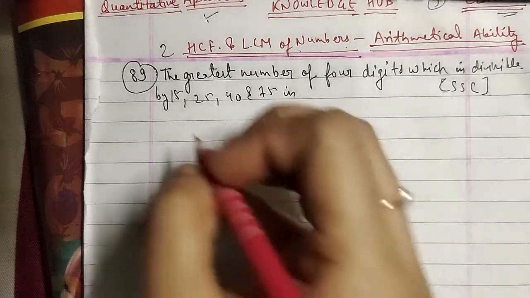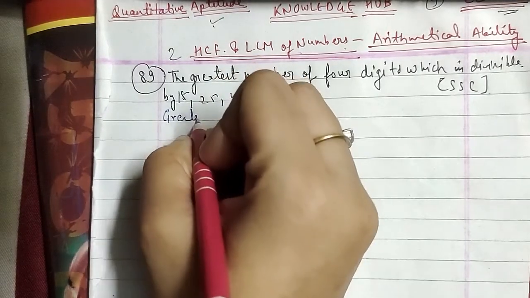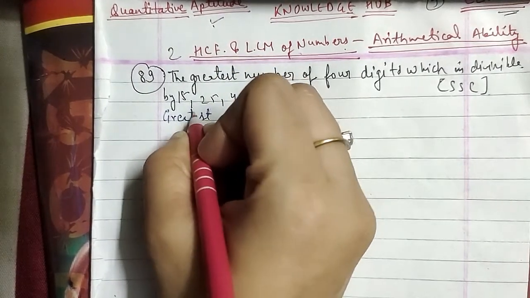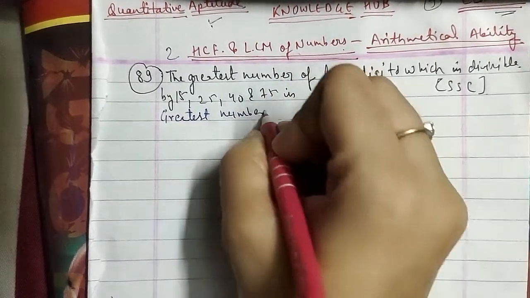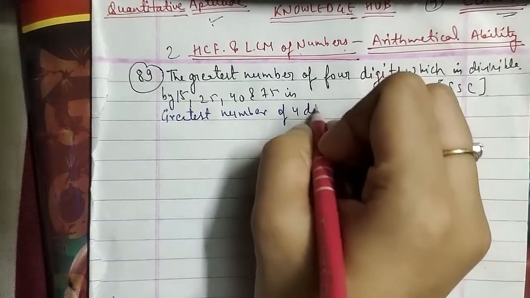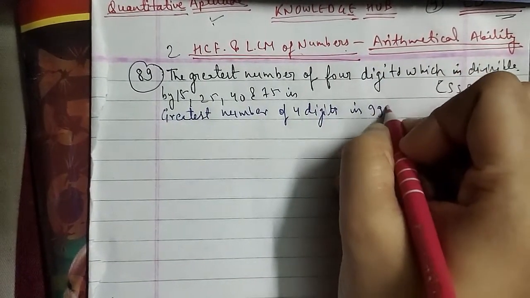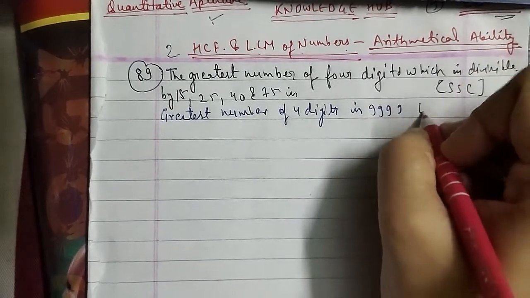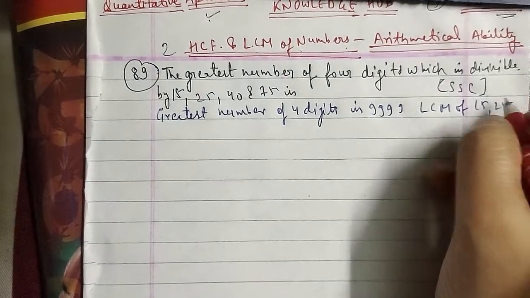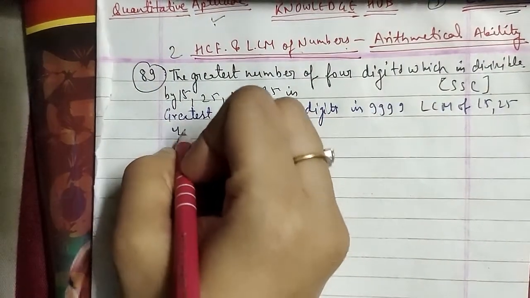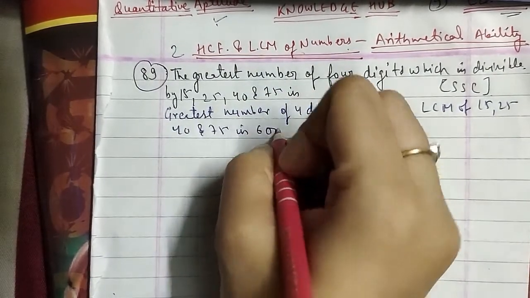So here, the greatest number of 4 digits is 9,999. LCM of 15, 25, 40 and 75 is 600.